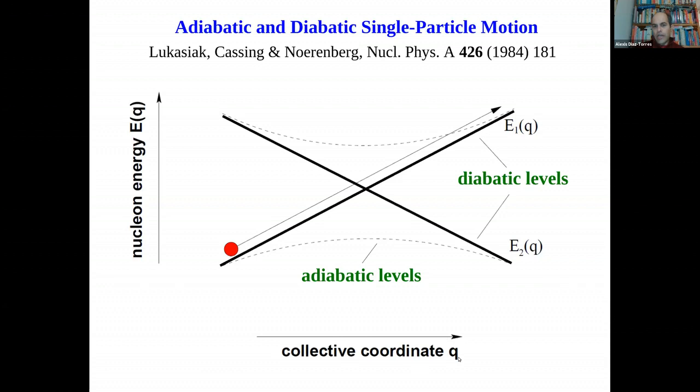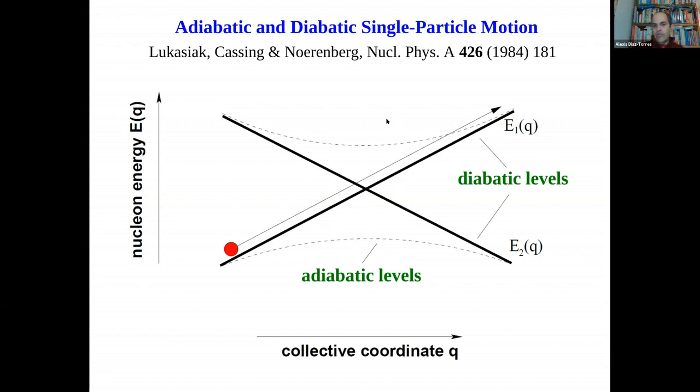This q value can be thought of as the distance between the two atomic nuclei, between the centers of mass of the nuclei, and these adiabatic levels are the levels that result from the diagonalization of a single particle Hamiltonian. As I show in one of my figures, there are avoided crossings for levels with the same symmetries, the same quantum numbers, omega.